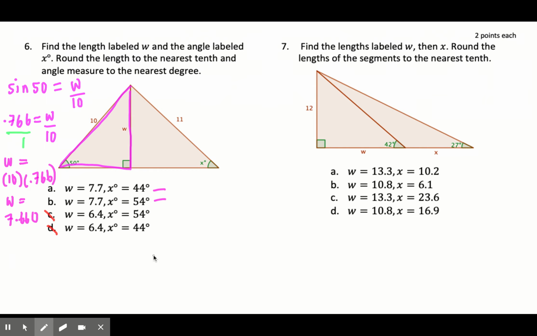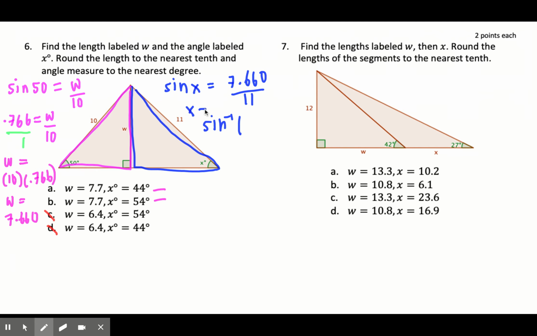And then now you want to look at this triangle, and that's also opposite and hypotenuse. So sine of x equals opposite, which is 7.66 over 11. So you want to do inverse sine.